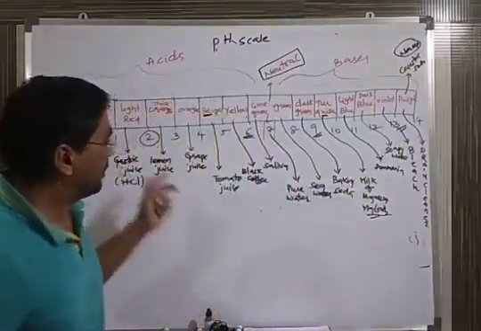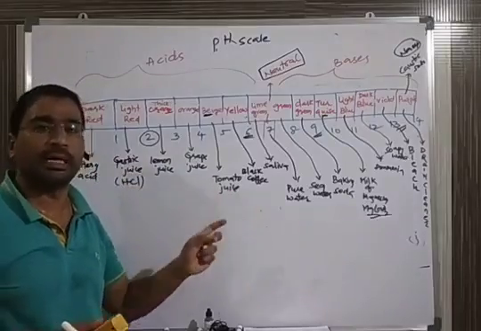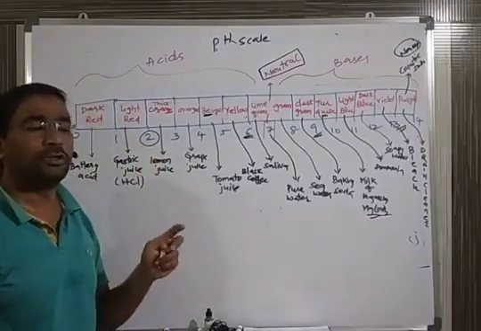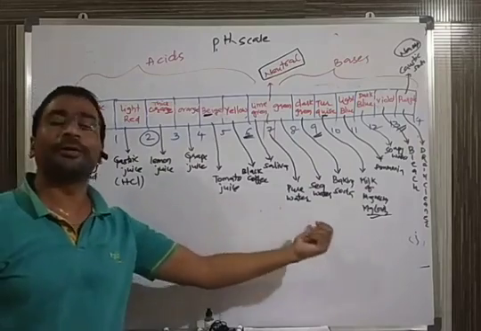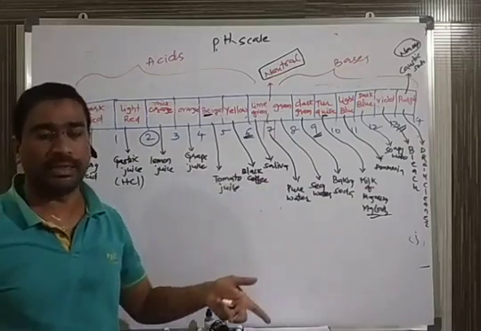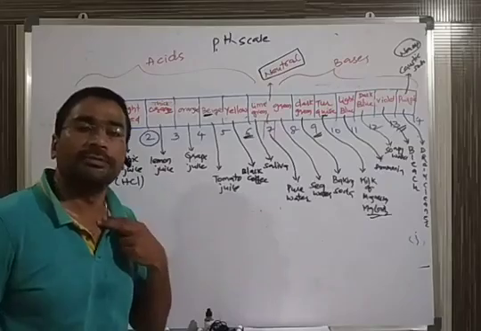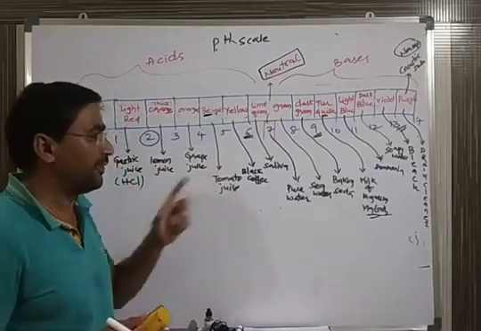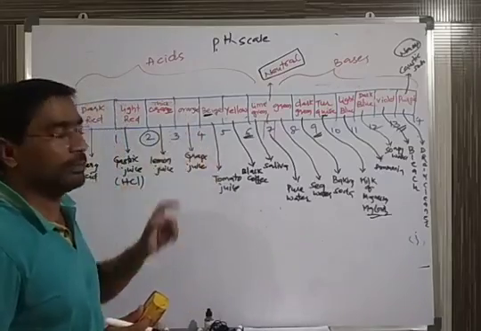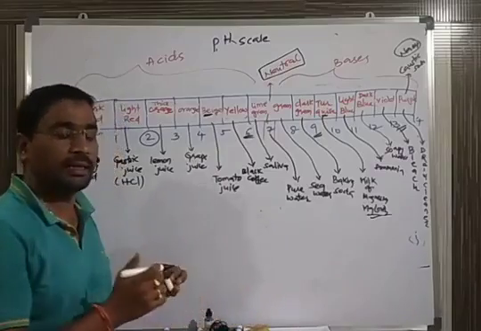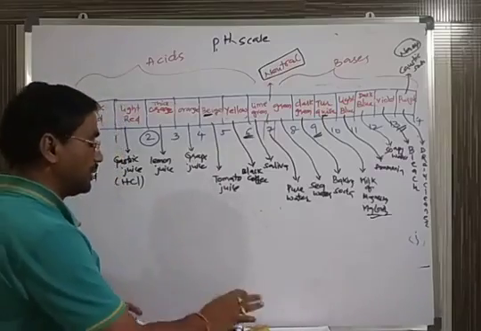Remember children, these are only examples; many of them we come across in our houses and surroundings. If possible, we can check the pH of different samples. So this is the pH scale, with different values and examples.